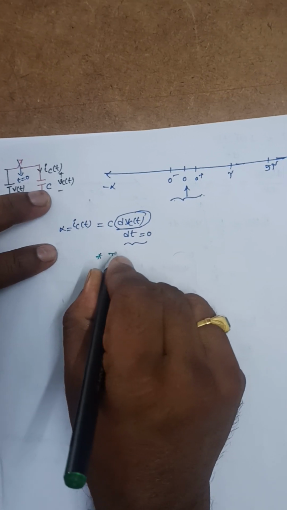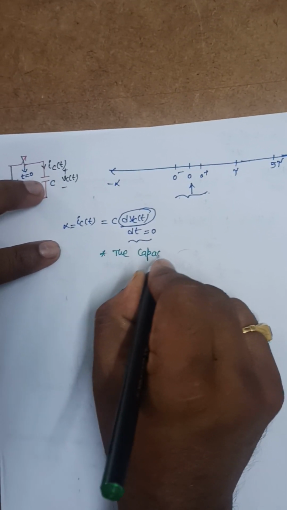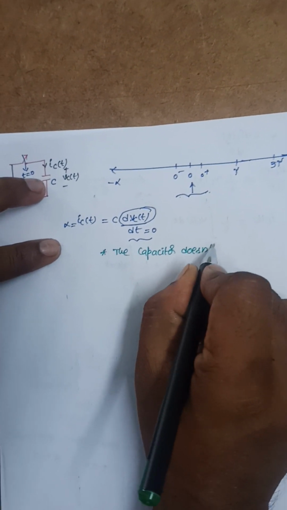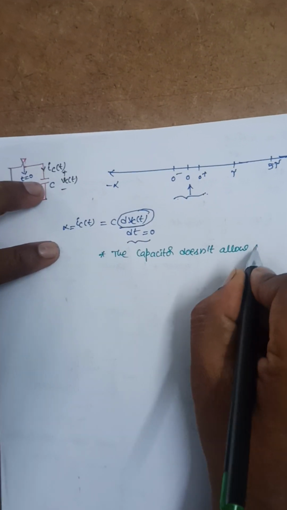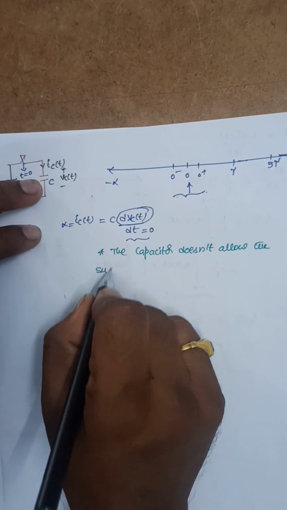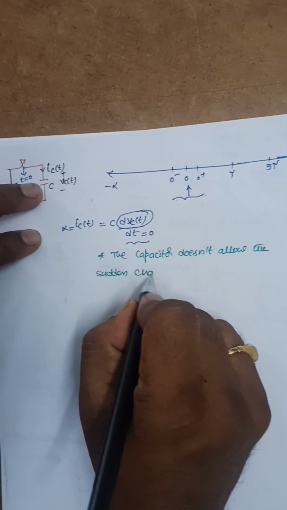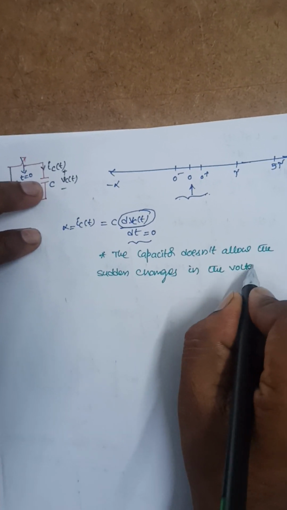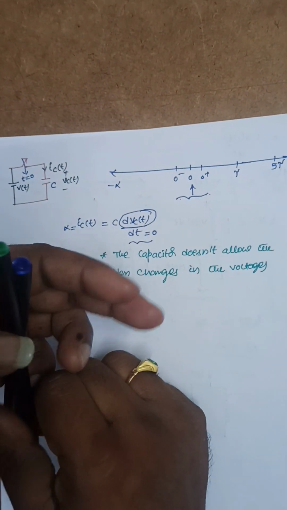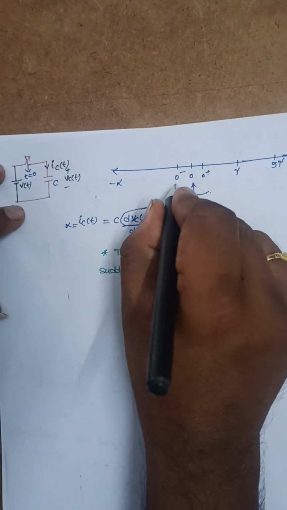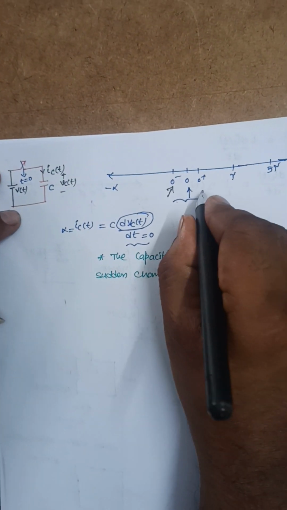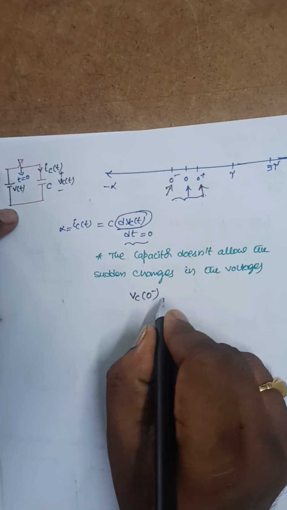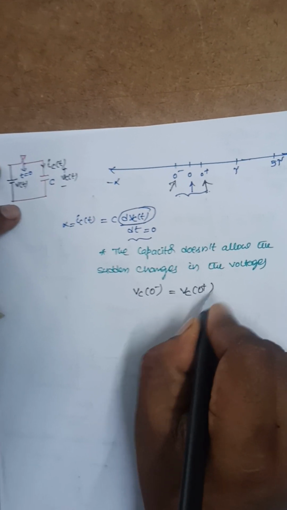That means whatever voltage is present at t is equal to 0 minus, the same voltage will be present at t is equal to 0 plus also. That means Vc of 0 minus is equal to Vc of 0 plus.